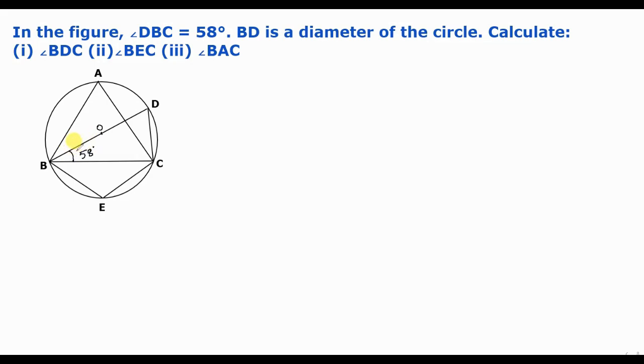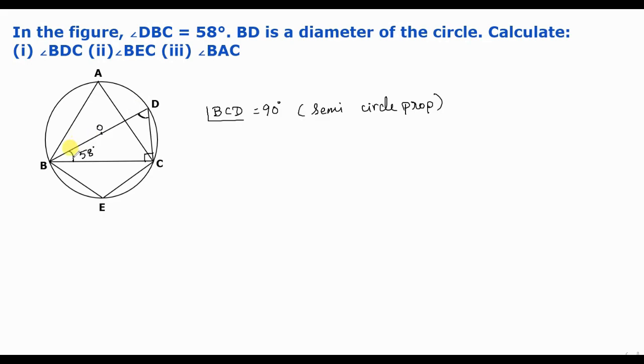Since BD is the diameter, triangle BCD is in the semicircle, so we can say angle C is equal to 90 degrees. The angle in a semicircle will be 90 degrees, using the semicircle property. So BCD is 90 degrees. The next one, they asked us to calculate angle BDC. For calculating this angle, you can use the angle sum property.